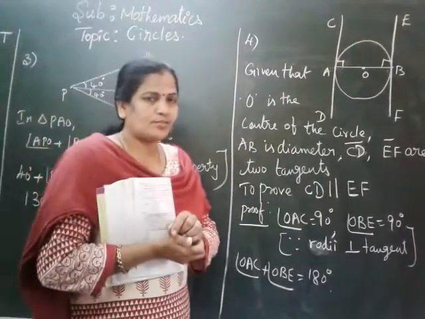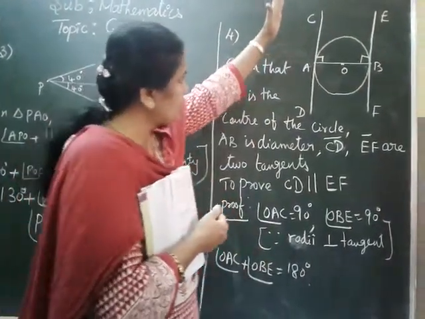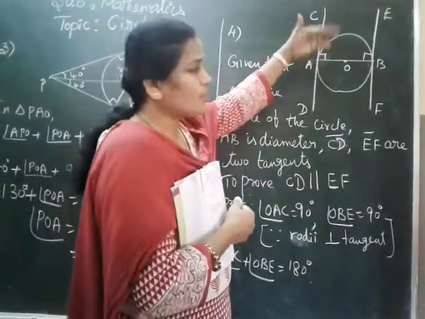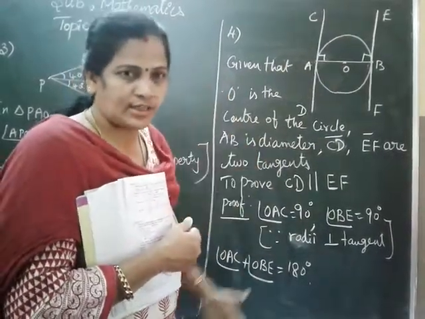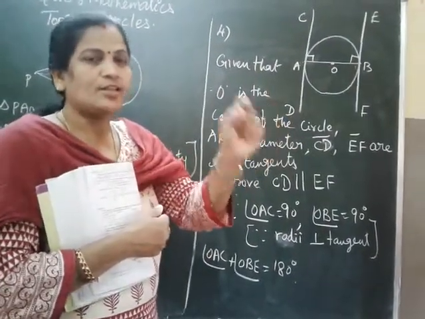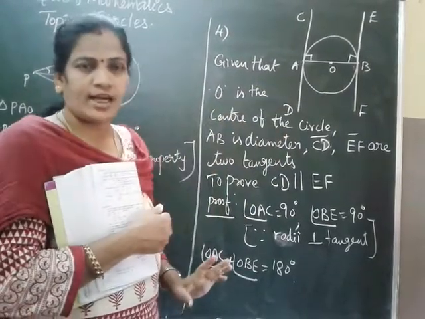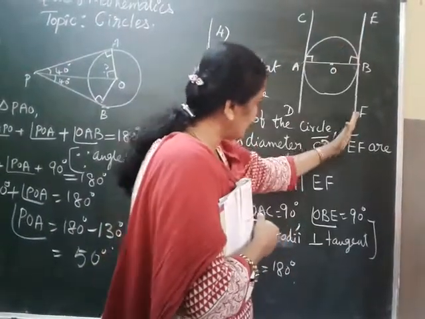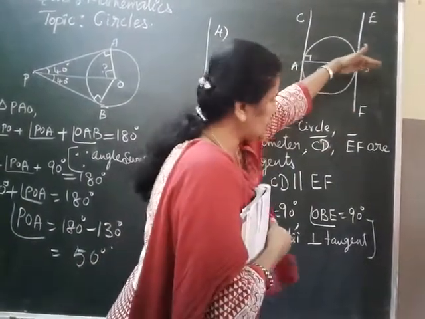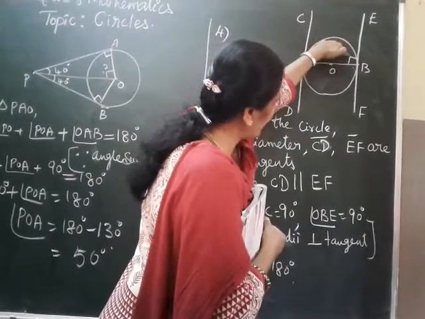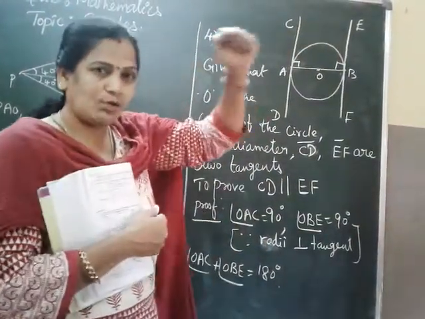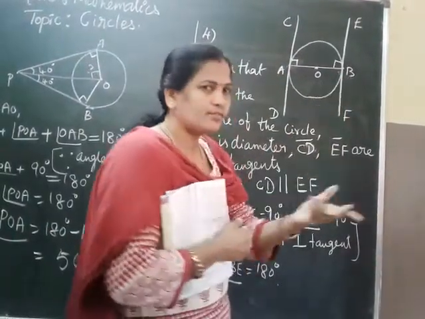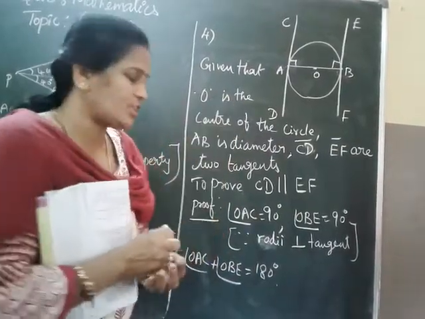If two lines, CD and EF, have a transversal AB, and the sum of the interior angles on the same side of the transversal is equal to 180 degrees, then the two lines are said to be parallel. CD is one line, EF is the other line, AB is the transversal, and the two interior angles equal 180 degrees, so CD and EF are parallel because of proposition 6.